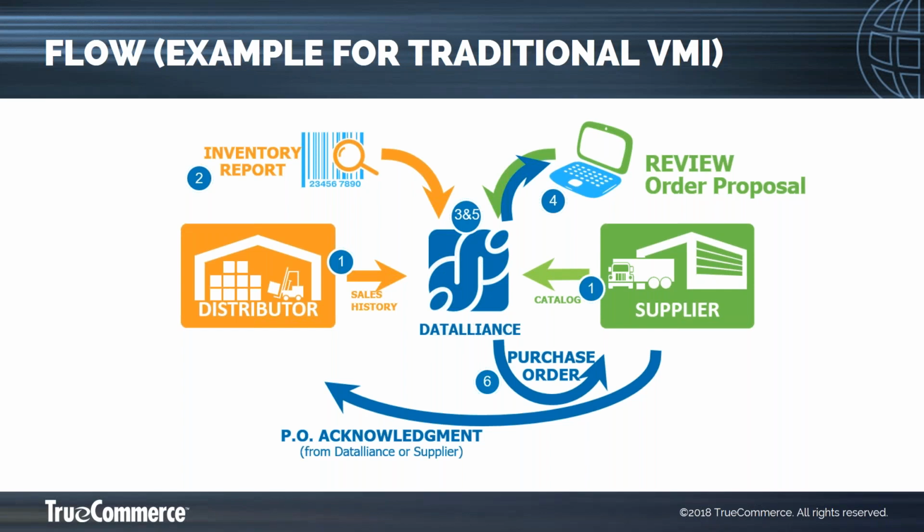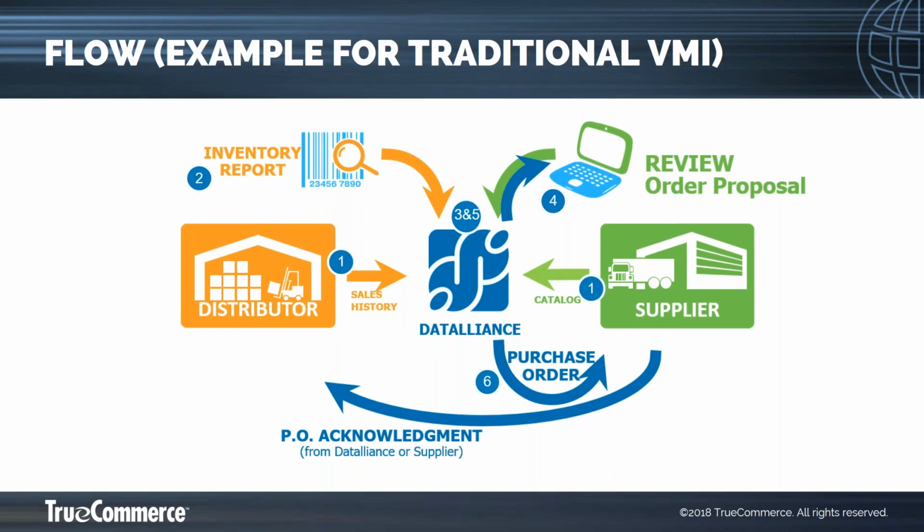And once the planner works through any exception alerted by our system, then this planner will be in a position to launch the order, which will then trigger, and this is number 6, the distribution or the sending of a purchase order, electronic purchase order message, and electronic purchase order acknowledgement.